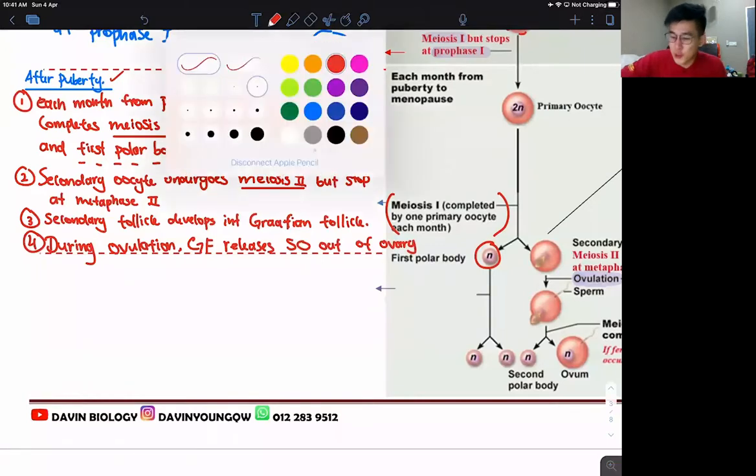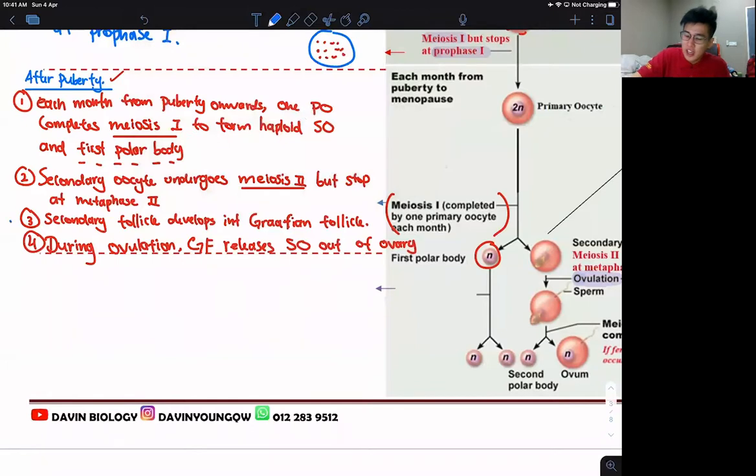If you look at number 3 and number 4 here, they are slightly not related to the overall process, but you need to explain it if they ask you to explain the whole oogenesis process, because it's part of the process as well. Basically this is what all of you girls undergo every single month from puberty onwards. So you're going to produce a secondary oocyte.